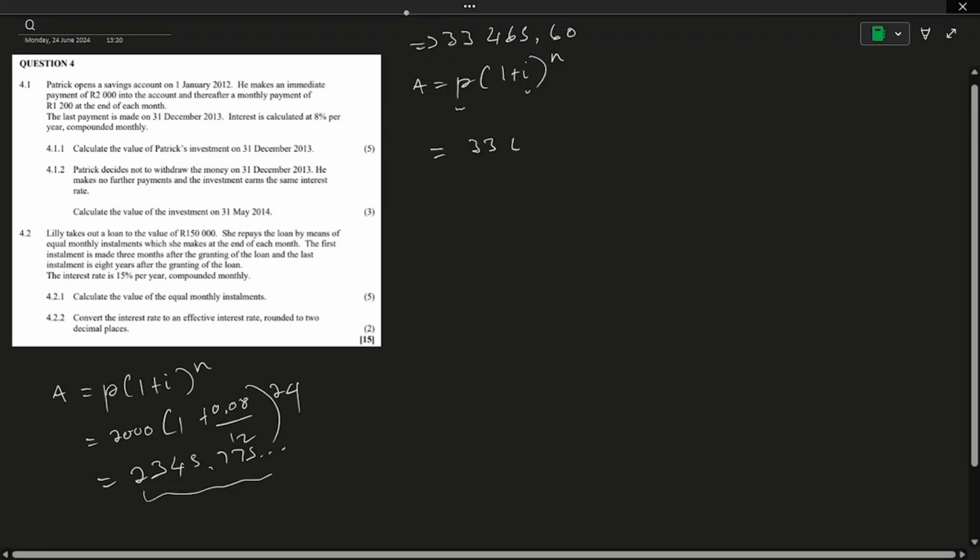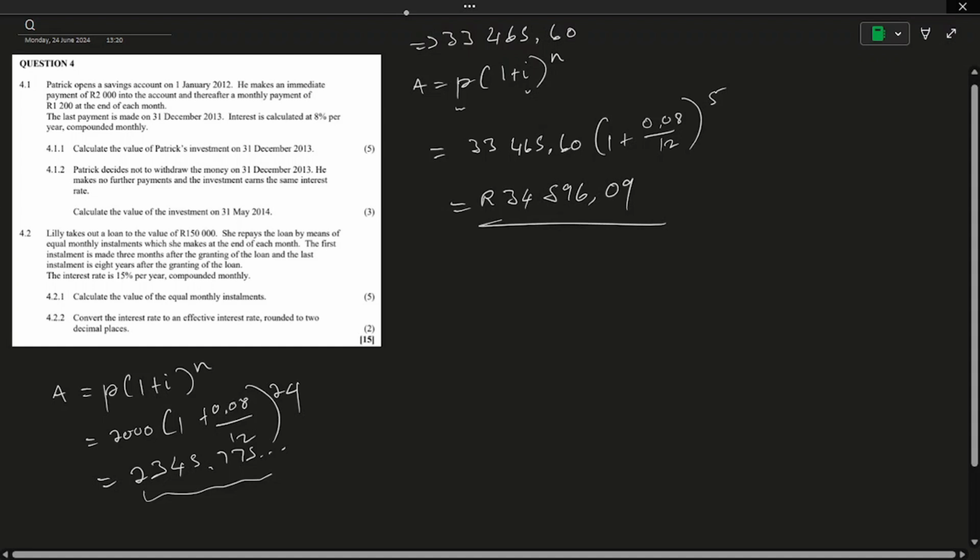We have 33,465.60 times 1 plus 0.08 divided by 12, but it goes for 5 months, right? And then you punch this and see what you get. All right, so we get that he is going to be having 34,596.09 at the end of 31st May, right?